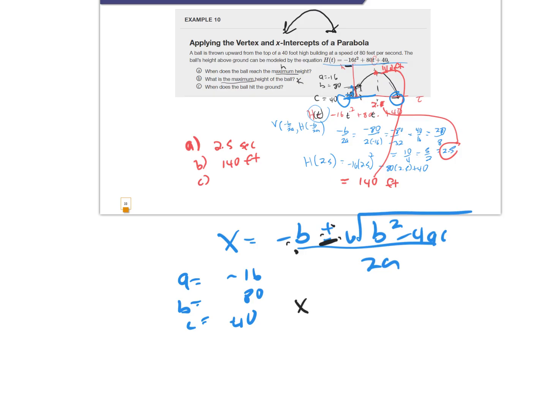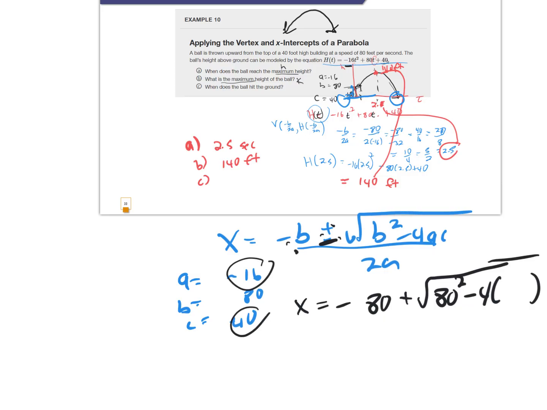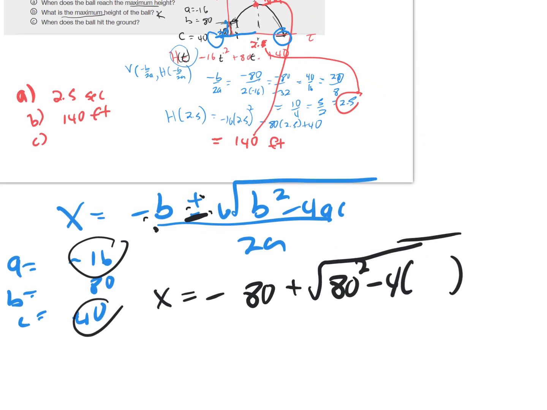So my x value is going to be the opposite of b, which is negative 80, plus, I'm just doing the plus this time, the square root of b, which is 80 squared, minus 4 times AC. That's a negative 16 and a positive 40. So be careful. Negative 16 times 40. It's going to be a plus again, all over 2 times A, all over a negative 32.